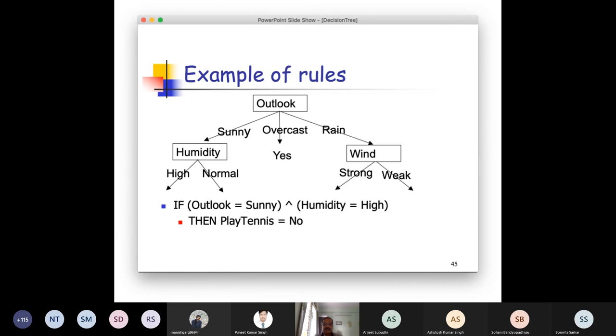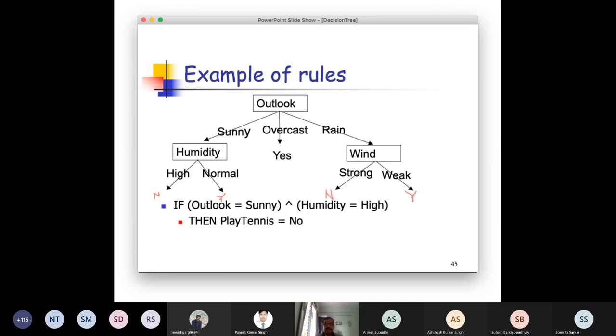So if outlook is sunny and humidity is high, then play tennis is no, which means in this rule here it was no, and then this is yes. Okay. Similarly, I think this is no, this is yes, because of the convention we are following. Anyway, let us consider that.